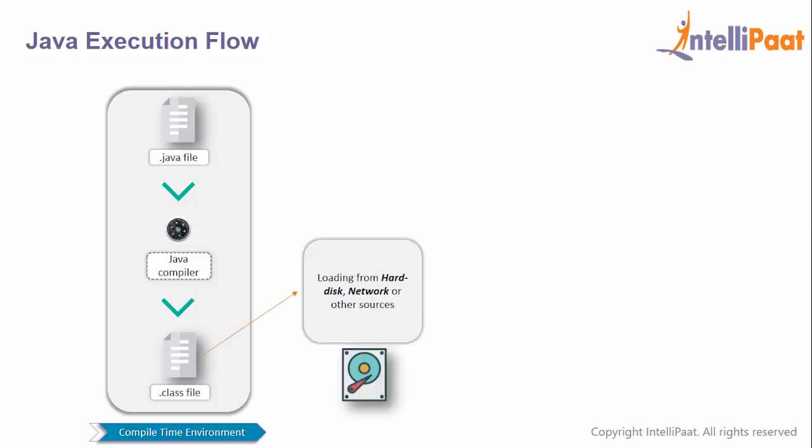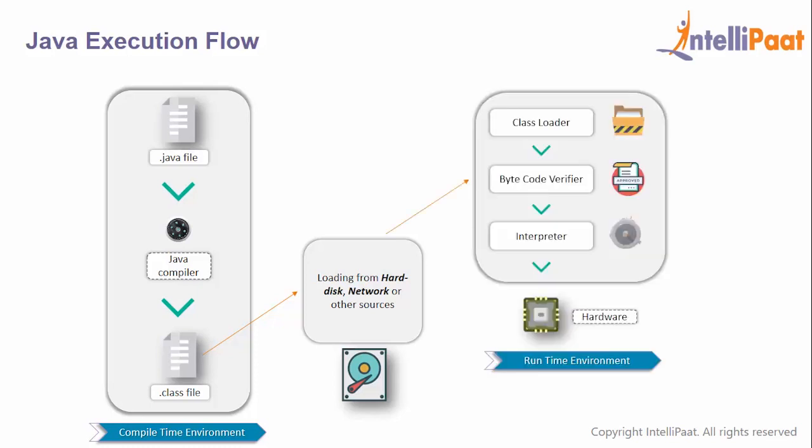So now that we have the .class file with us, we need to load it from the disk or send it over the network to execute it. So we already know that to execute a Java program, we need JRE. So let's have a closer look at the execution flow in JRE. Once the .class file is transferred over the network, the class loader loads all the necessary classes needed for the execution of the program.